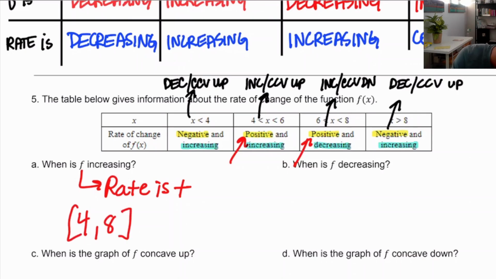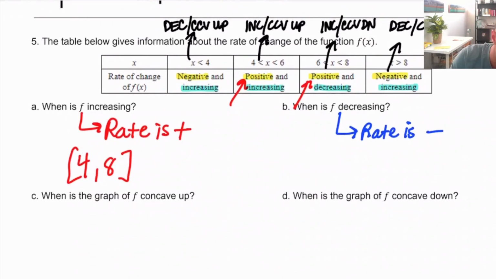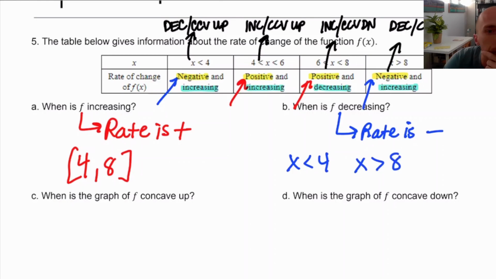And I could say, all right, well, when is f decreasing? That's going to be when the rate is negative. So we can go into the table and say, all right, I'm seeing negative here, negative there. So that's when x is less than 4 and when x is greater than 8.